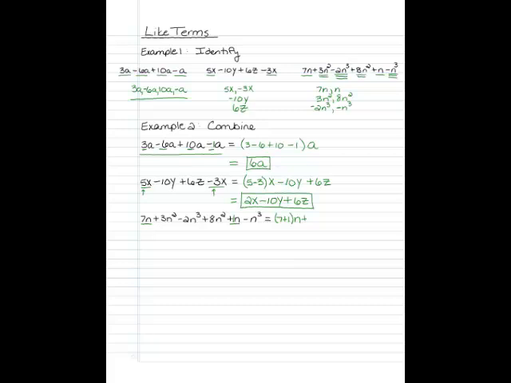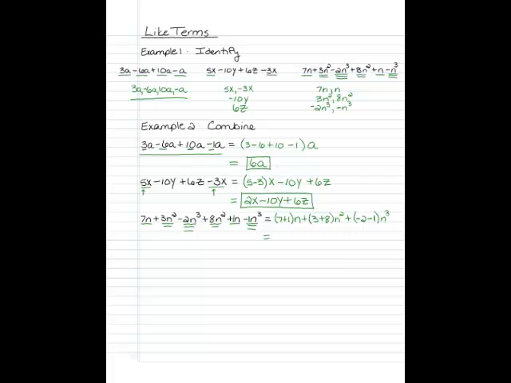Plus, do the same thing with the n squared terms. Here we have 3n squared and 8n squared. So 3 plus 8 n squared plus, and do the same thing with the n cubed terms. Negative 2 is one of the coefficients. The other coefficient, imagine there's a 1 there, and the negative sign makes it negative 1 n cubed.